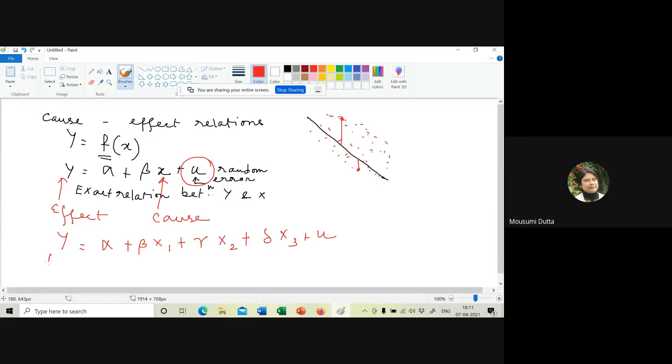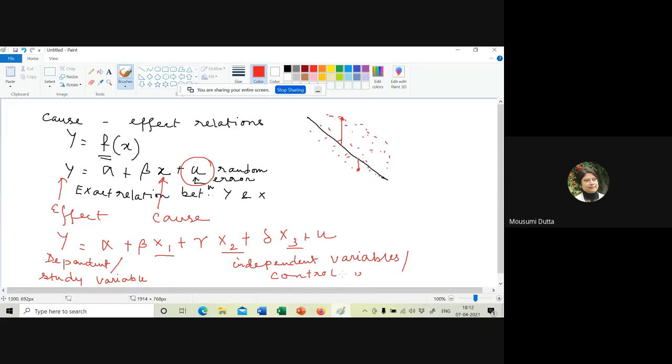This is called the dependent variable, and all these x1, x2, x3, these are the independent variables, these are also called the control variables.